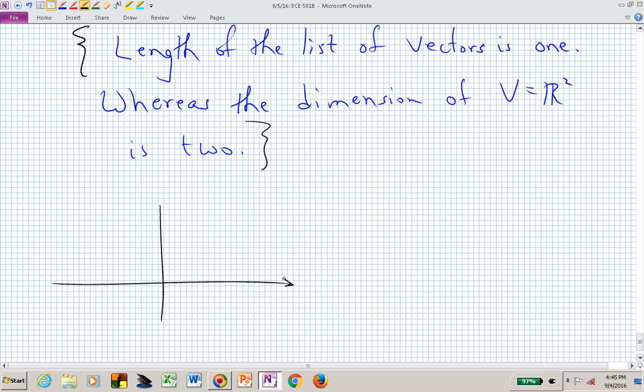If we were to look now graphically at our vector space V, which is all of R2, now we are just able to have the one vector V1. We cannot get anywhere in the x direction by a linear combination of V sub 1.